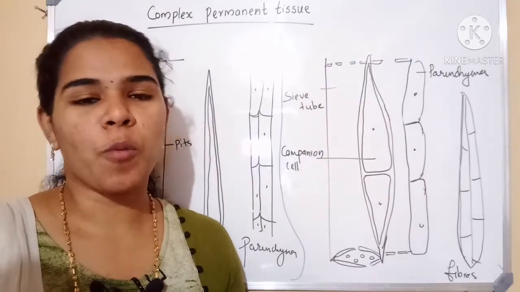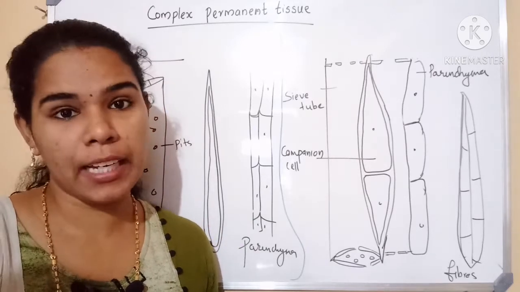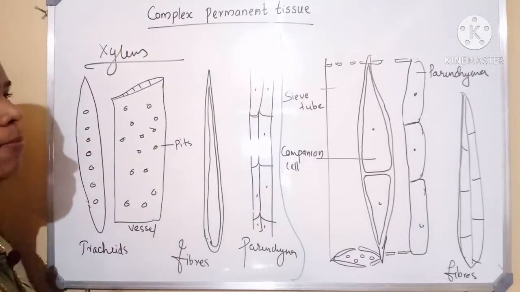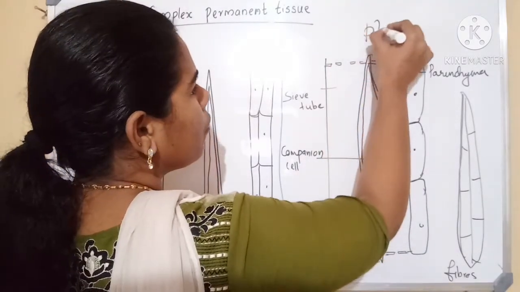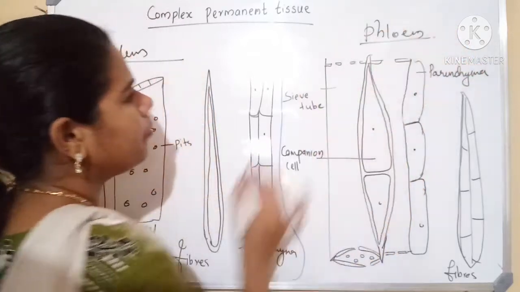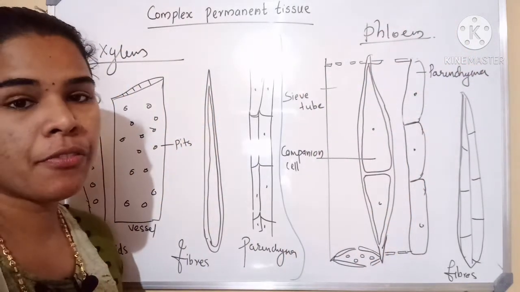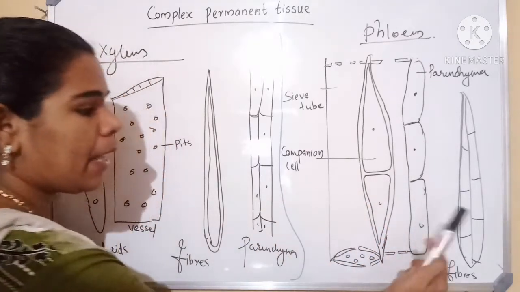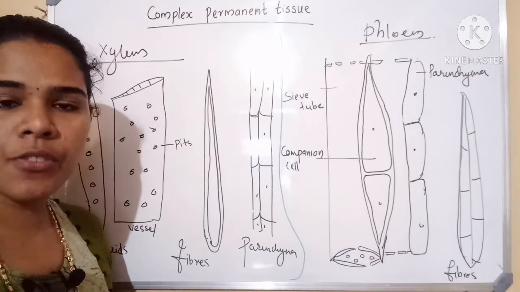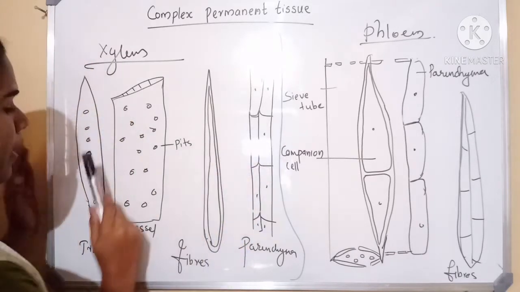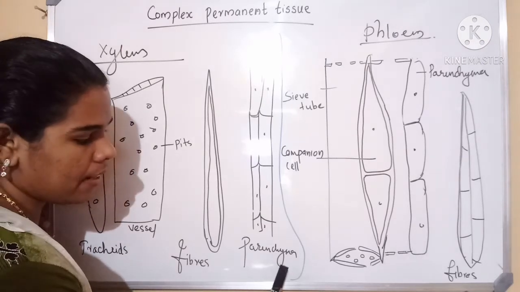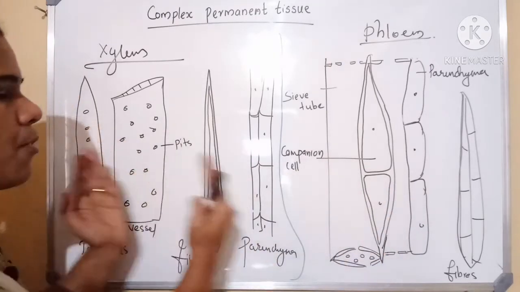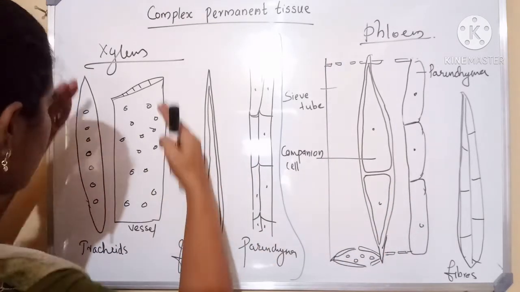Let's observe the structure of these four elements in xylem and phloem. Here the xylem elements are there, and here the phloem elements are there. The only difference between these two structures is that phloem has companion cells and sieve tubes, while xylem has tracheids and vessels. Xylem fibers and parenchyma are present too.